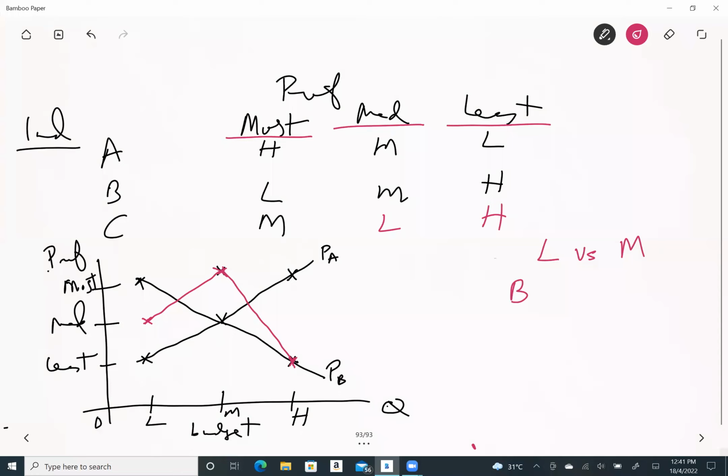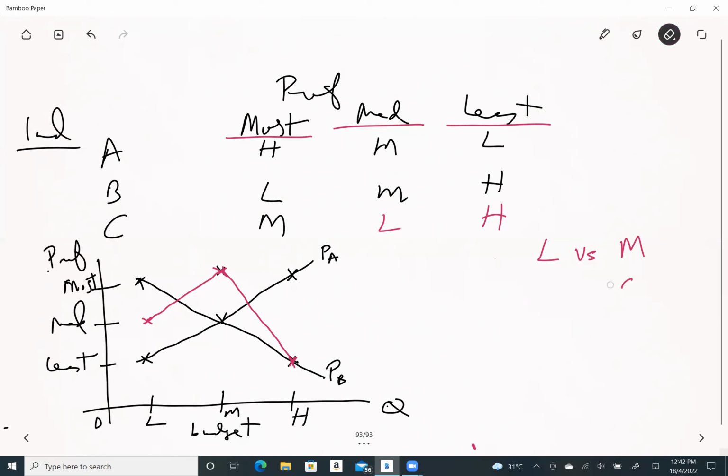Okay. Now who votes for M? C. Okay. Lepas tu, who votes for M? I think we go by the percent.